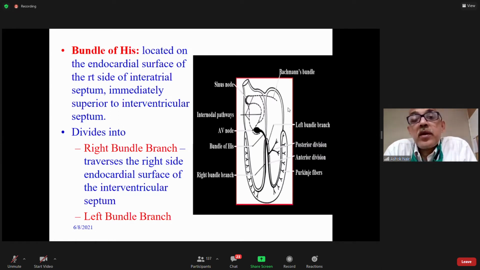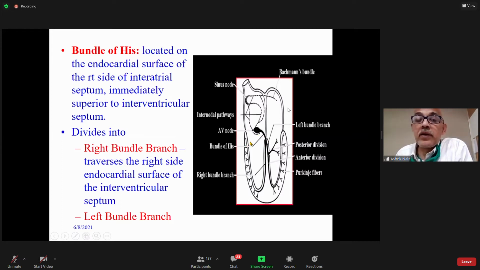The bundle of His is located on the endocardial surface to the right side of the interatrial septum, immediately superior to the interventricular septum.